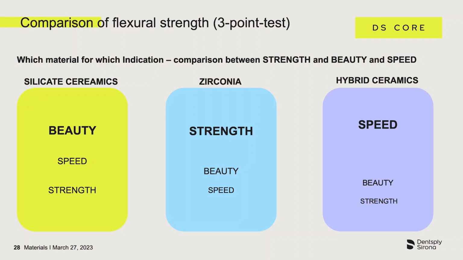However, with the newly highly aesthetic speed sinter zircons, aesthetics have become much better, and speed is now also no longer a criterion for not using these materials chairside. In the group of hybrid ceramics, it has to be said that speed is right at the top and aesthetics are somewhat subordinate.